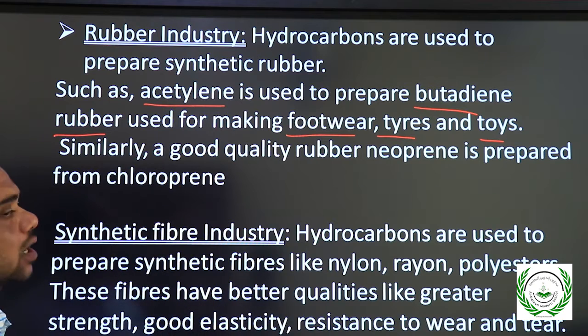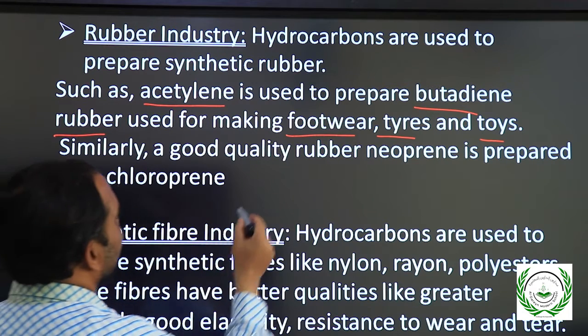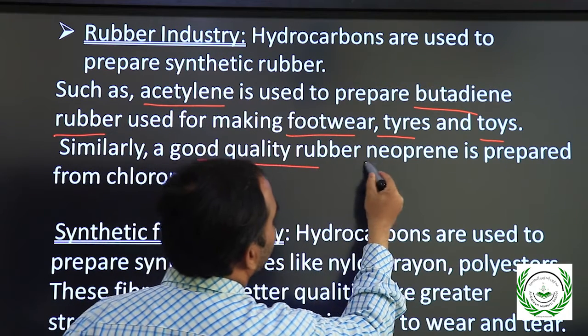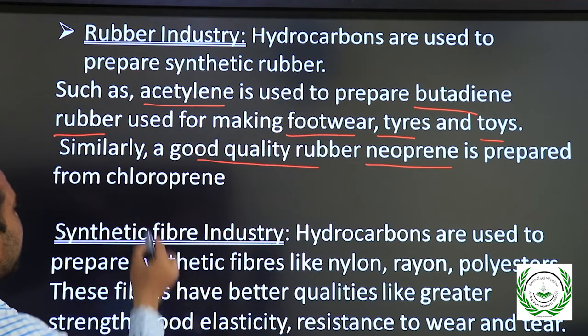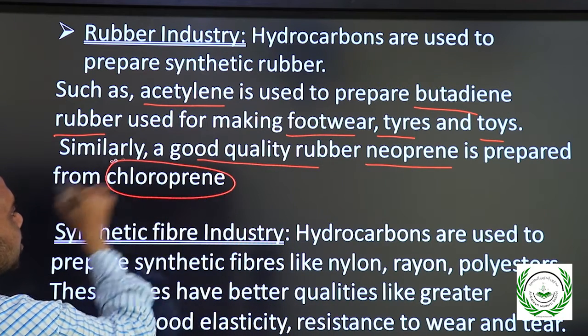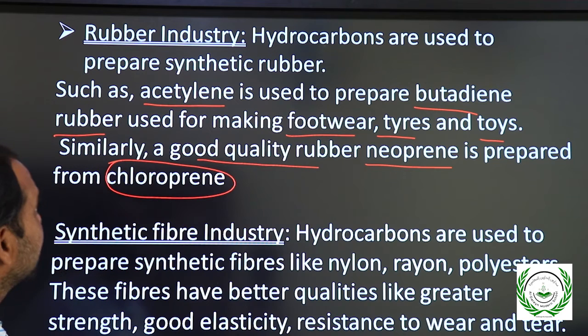These all are artificial rubbers, butadiene rubber made from acetylene. A good quality rubber, neoprene, is prepared from chloroprene, which is a hydrocarbon. So this is from the rubber industry.